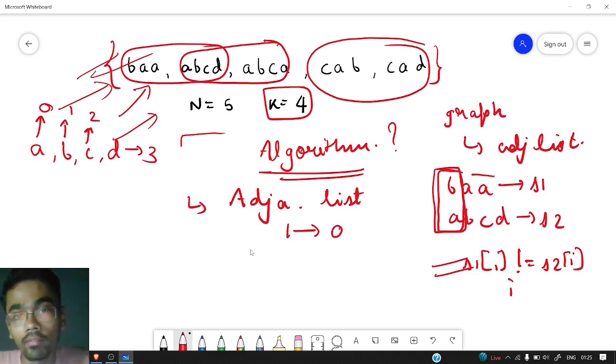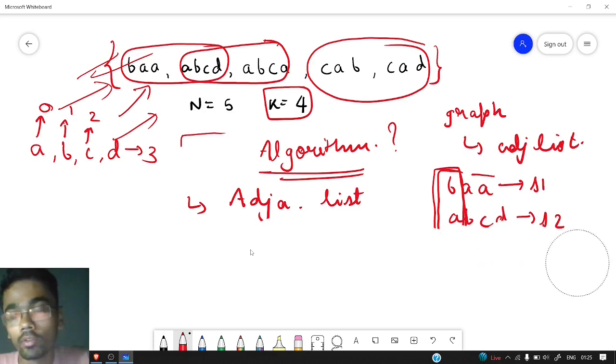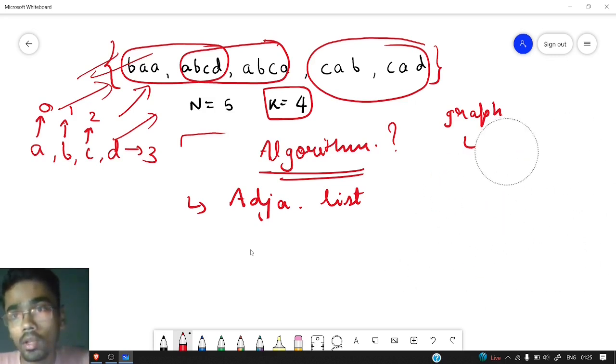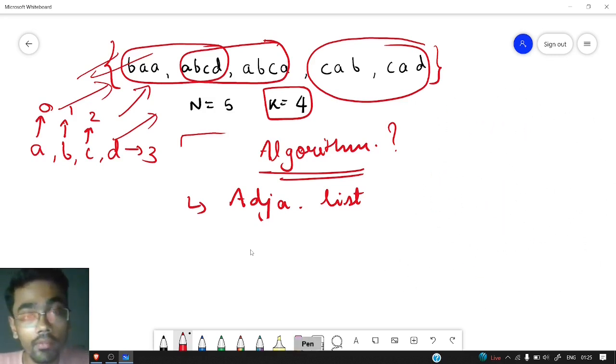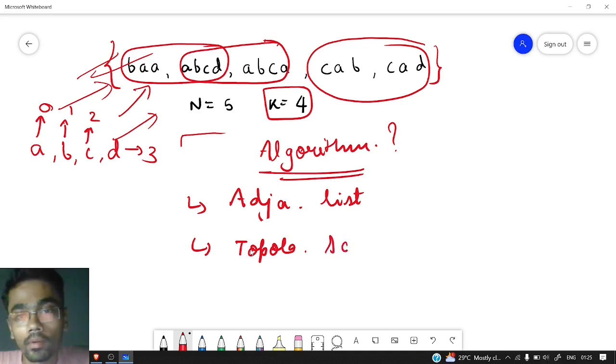Now this 1 will represent B and this 0 will represent A, similar to what we have seen in the dry run of our example test case. So this is how we will create our adjacency list. This was the first step, and then we will apply the topological sort algorithm to find out the order of the alphabets.